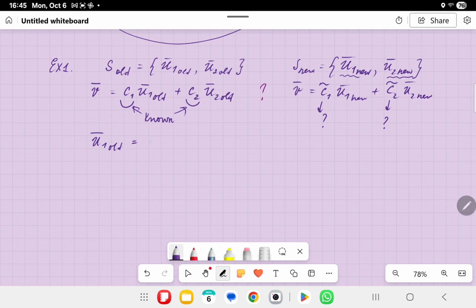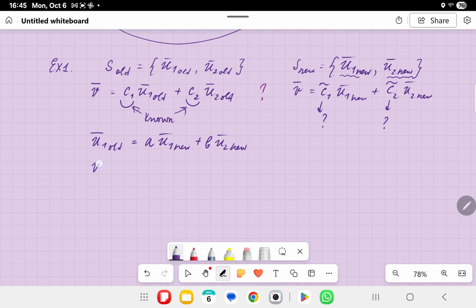I'm going to use letters A, u1 new, plus, let's say, B, u2 new. Because u1 is just a vector, let's forget for a second that it's a basis vector. We can treat it as a normal vector and represent it as a linear combination in our new basis.